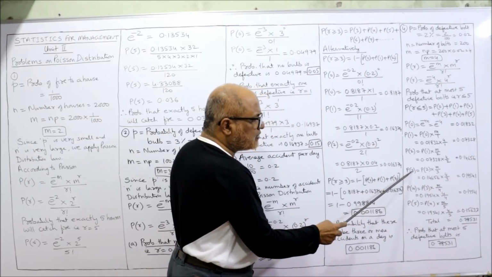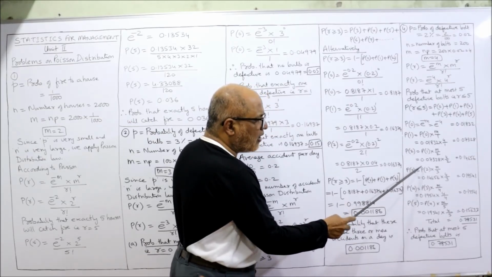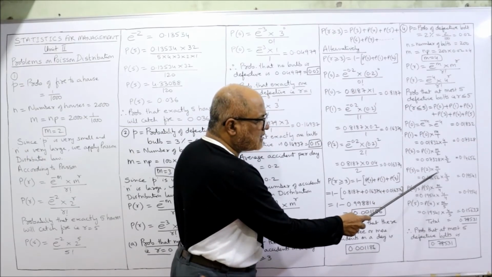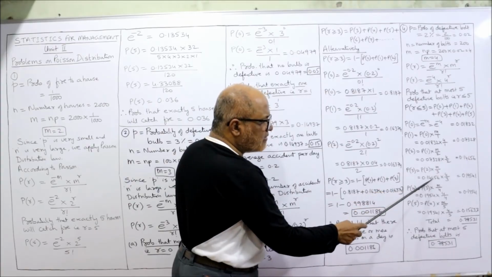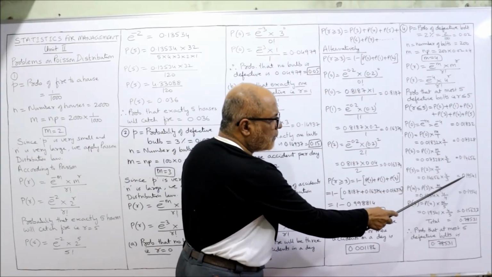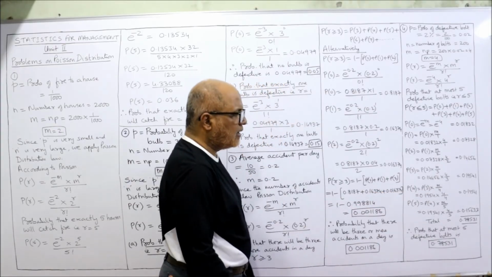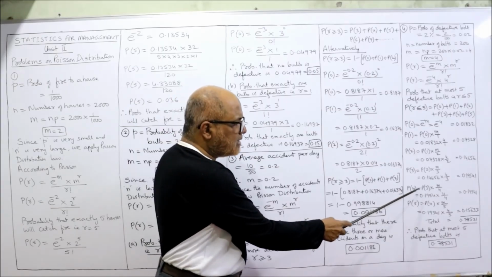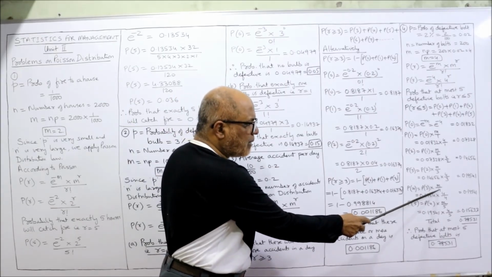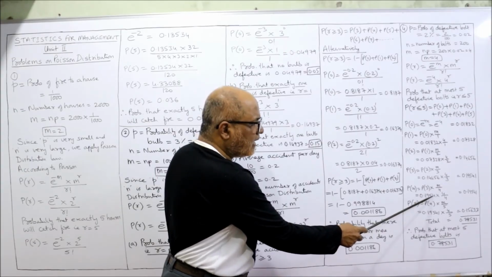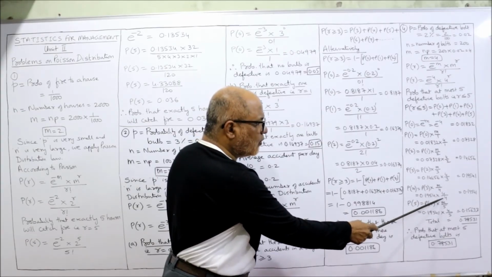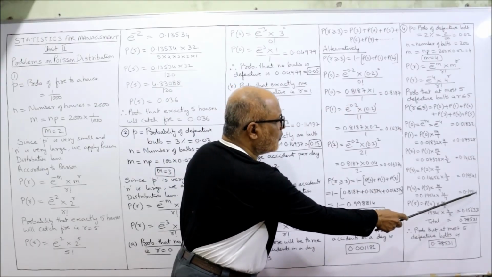Now P of 3 is equal to P of 2 into m by 3. Here the denominator is 3. So P of 2 is 0.14656 into 4 by 3. You get 0.19541. Now P of 4 is equal to P of 3 into m by 4. So 0.19541 into 4 by 4, same, 0.19541.